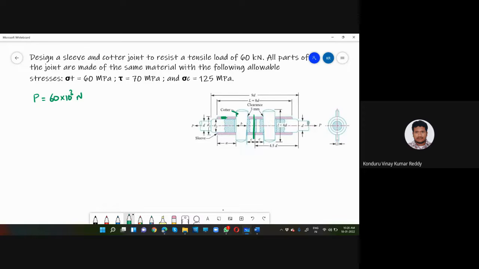For everything, the stresses will be the same. That is, the tensile stress, whether compression or tension, is equal to 60 megapascal. 60 megapascal will be represented as 60 Newton per millimeter square.